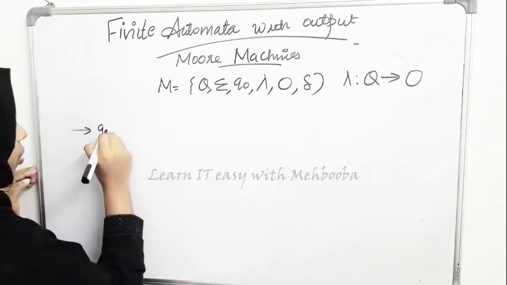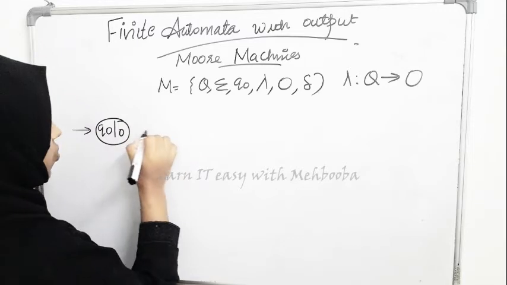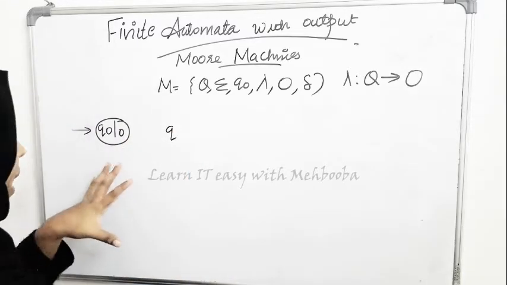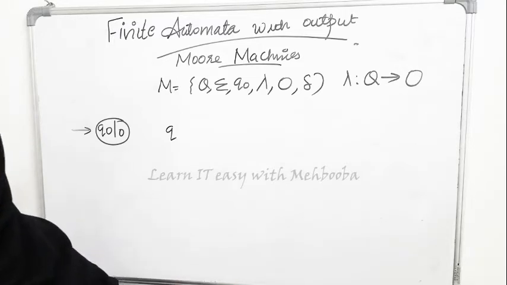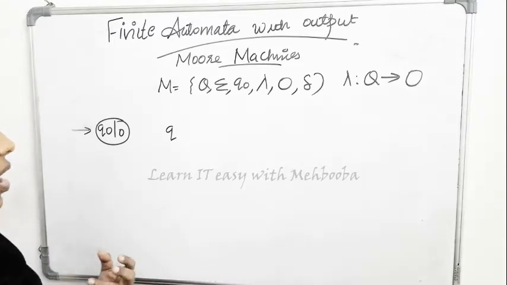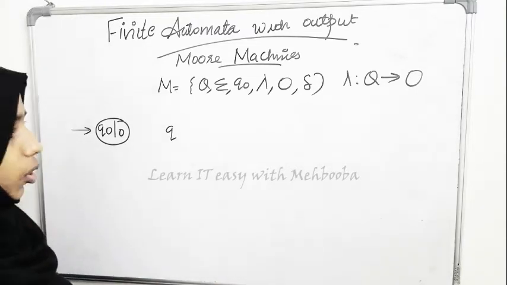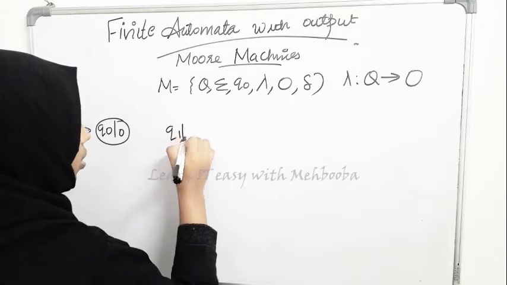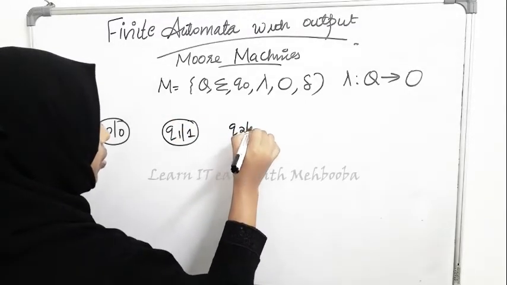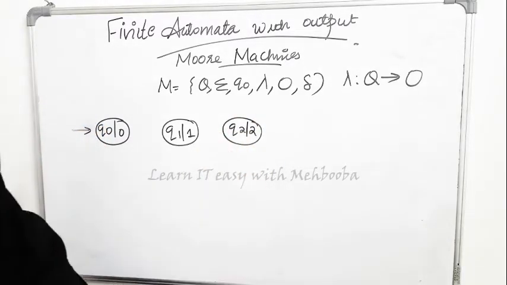So the modulus 3 operation is what we are drawing. When we do a mod 3 operation, you can have three different values as the modulus: it can be 0, 1, or 2. So we have states Q0 with output 0, Q1 with output 1, and Q2 with output 2.